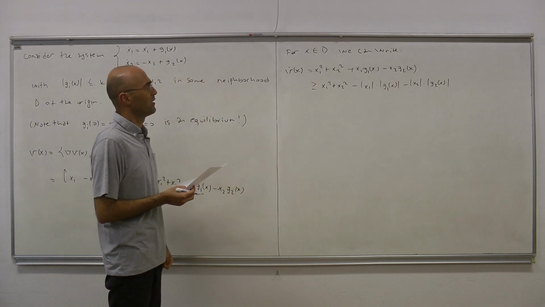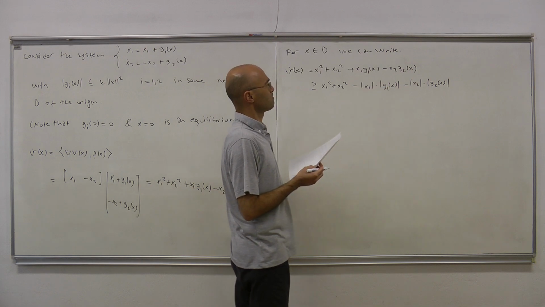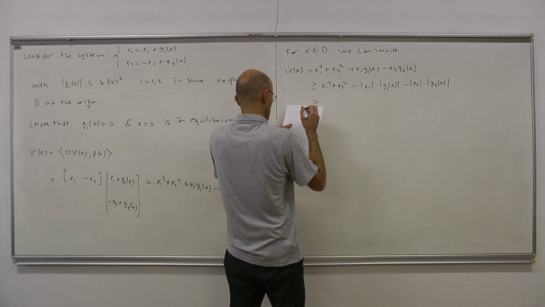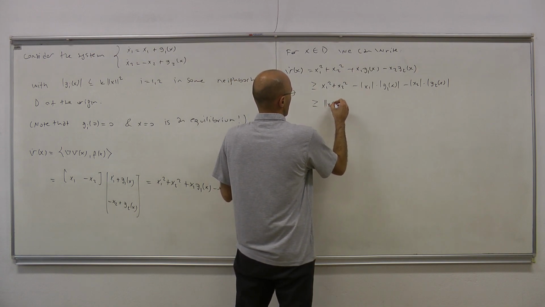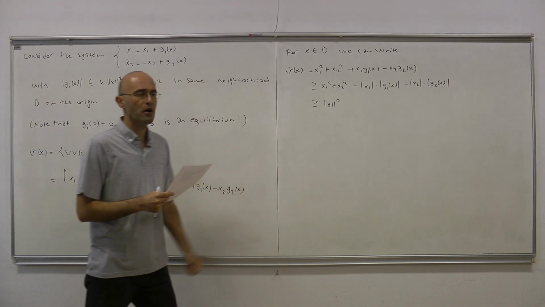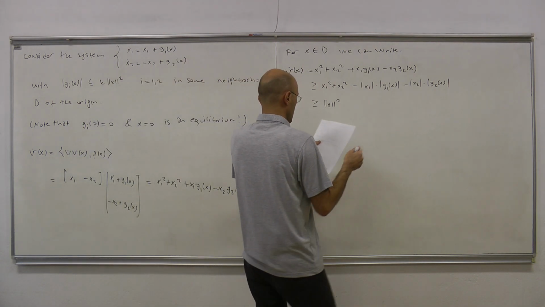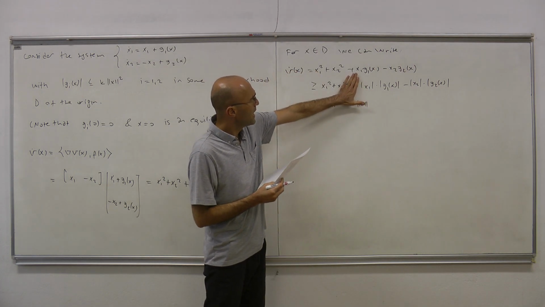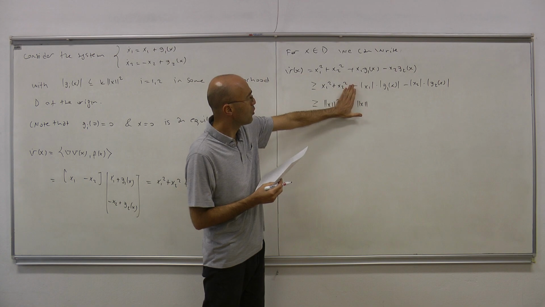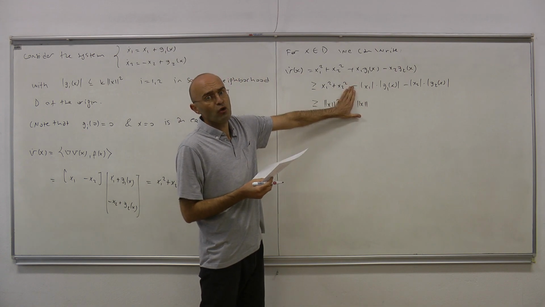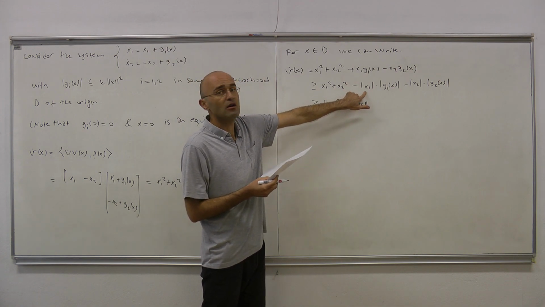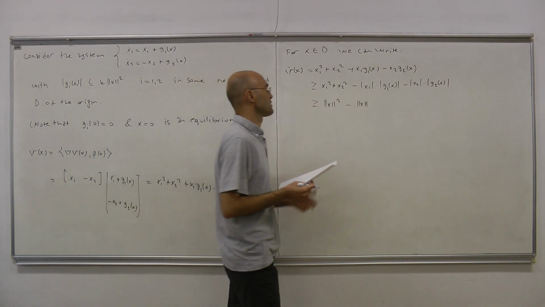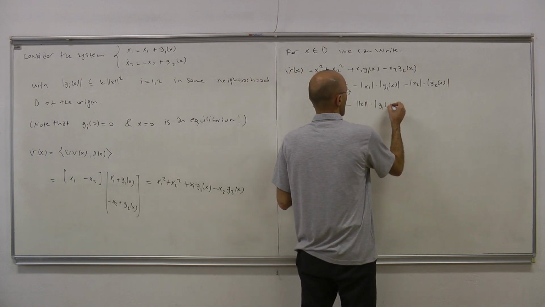Now let's continue manipulating the terms over there. That's greater than or equal to what? This is the norm squared of x, minus the norm of x. Note that the absolute value of x1 is never greater than the norm of x, therefore minus the absolute value is always greater than or equal to minus the norm of x, times g1 of x.